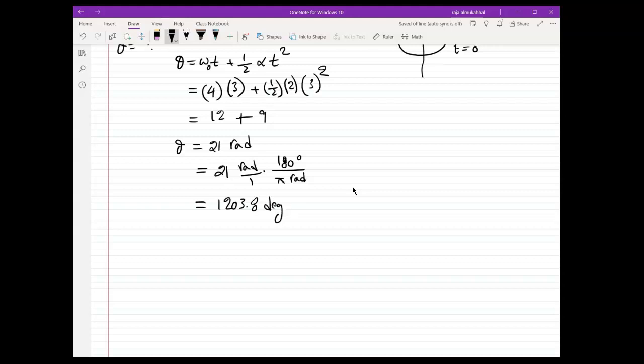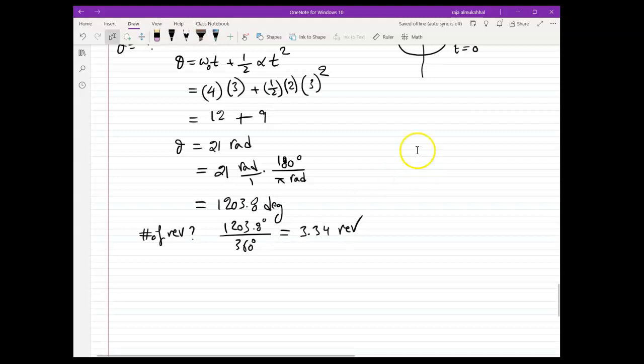Well, how many revolutions is that? I mean, one revolution is 360 degrees. So how many revolutions? So I go 1203.8 degrees divided by 360 degrees, because one revolution is 360 degrees, and that'll be about 3.34 revolutions.